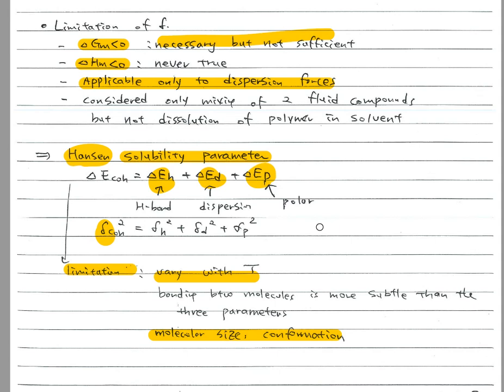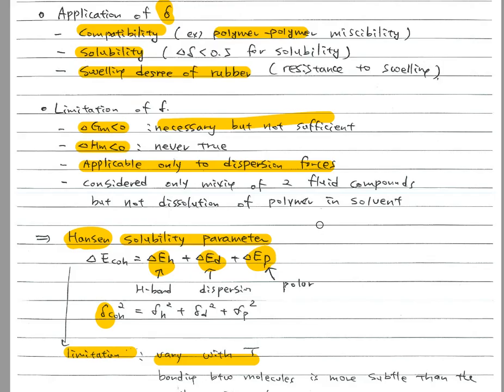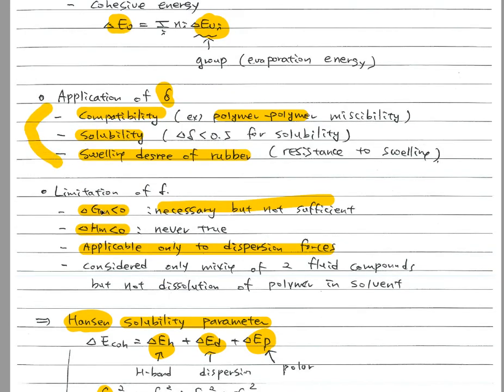The Hildebrand solubility parameter is determined based on the cohesive interactions between molecules, and people have already determined them, and we can use those values for some applications. We can also determine the delta value by doing experiments such as swelling or viscometry measurements.